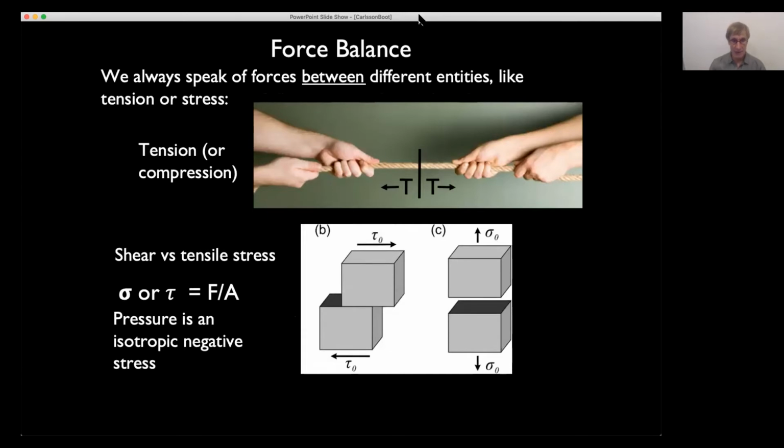The key point to start with is that forces in cells are generally balanced. So let me show you in detail what I mean by that. Here's a cell, and there are various forces acting on it.